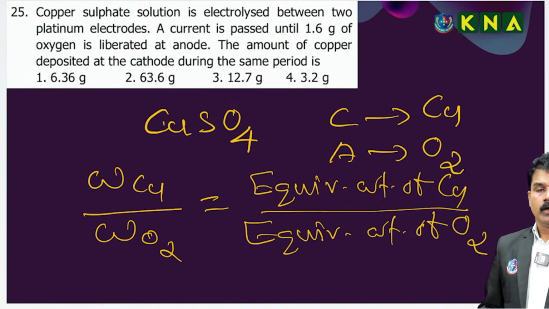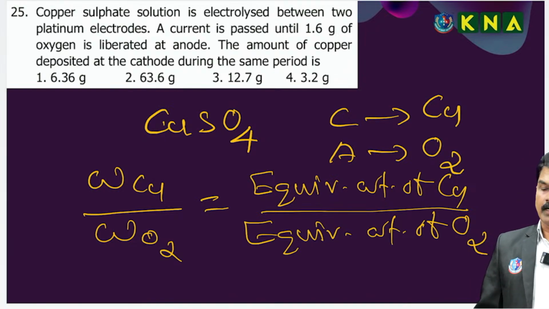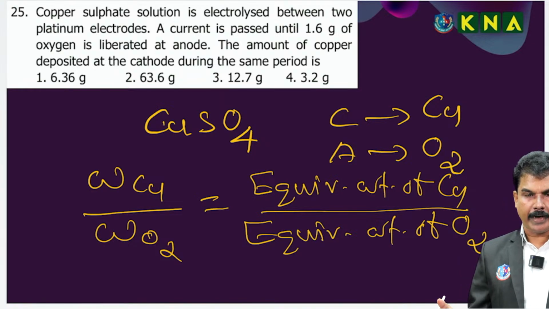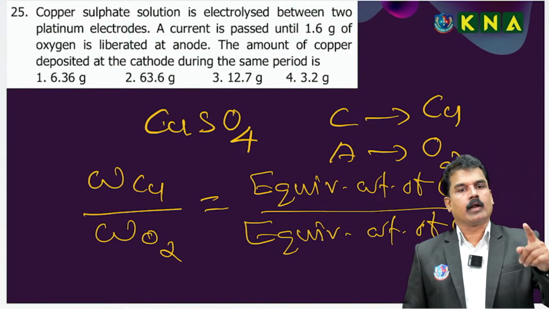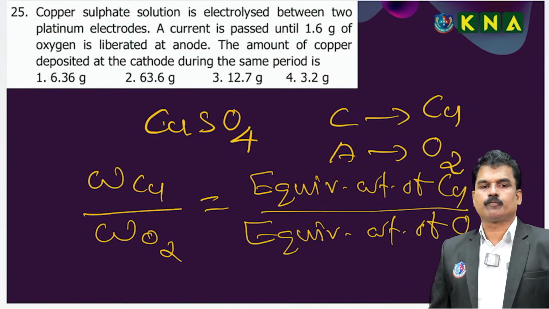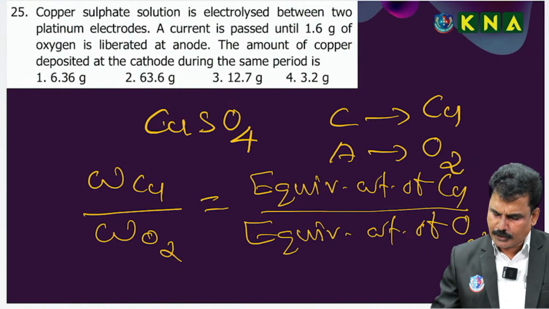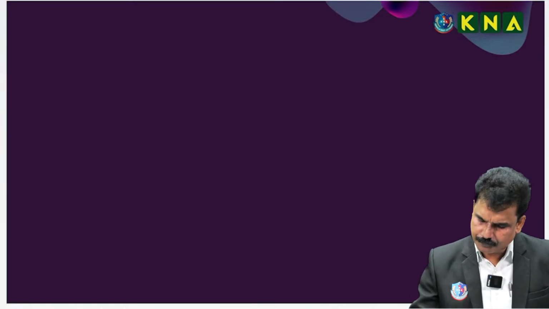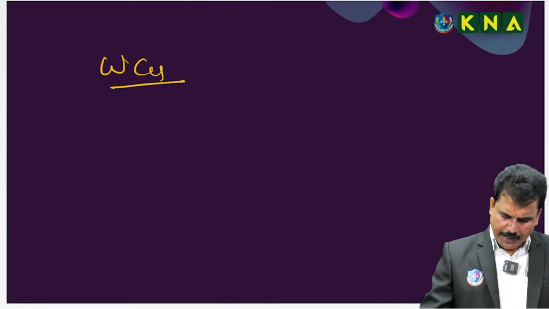We can apply this concept of Faraday's second law to all reactions. When two substances are deposited or liberated, the ratio of their weights equals the ratio of their equivalent masses. Here, the current is passed until 1.6 gram of oxygen is liberated. You have to calculate the weight of copper, as weight of copper by weight of oxygen.